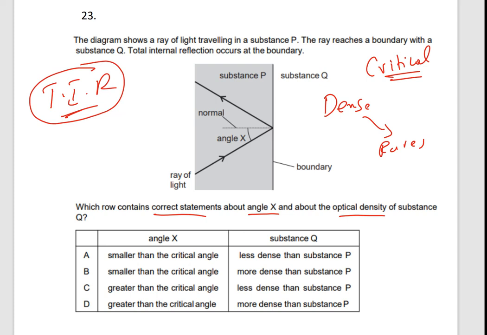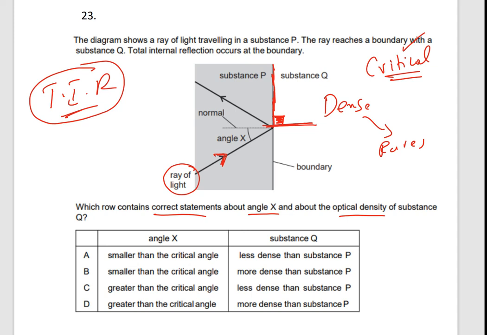So when do we call an angle the critical angle? When the ray of light is incident and its angle of refraction is 90 degrees to the normal. I repeat, for the ray of light, if the angle of refraction makes 90 degrees with the normal, that's when we call it the critical angle.